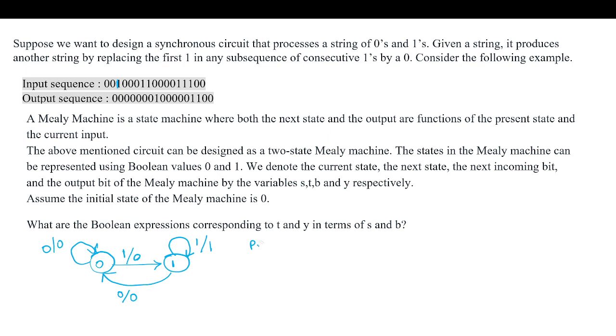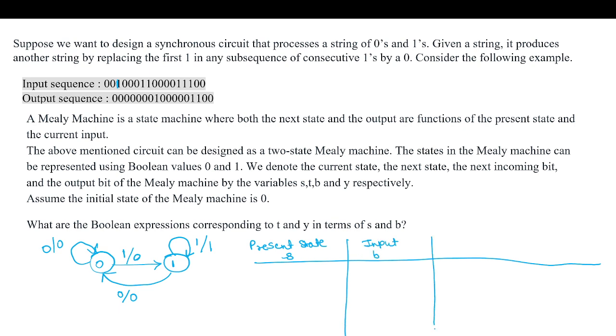So we have the present state, denoted as S. Input, denoted as B. The next state, denoted as T. And the output, denoted as Y. If the state is 0 and the input is 0, it remains in 0, output is 0.